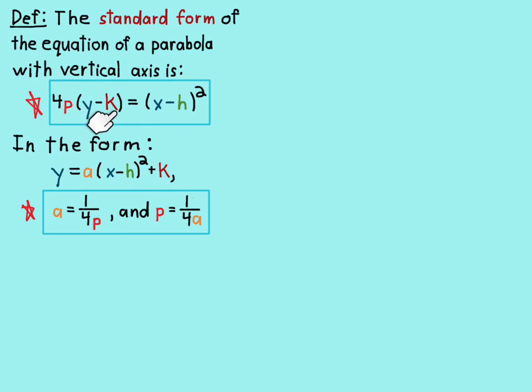Then the k has just been moved to the left instead of being on the right here. You just move it to the left. So they just moved k to the left and divided both sides by a, which happens to be 1 over 4p. So you should know these. A is 1 over 4p, and p is 1 over 4a.